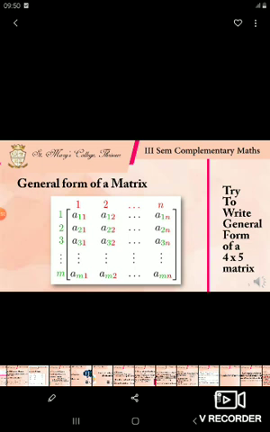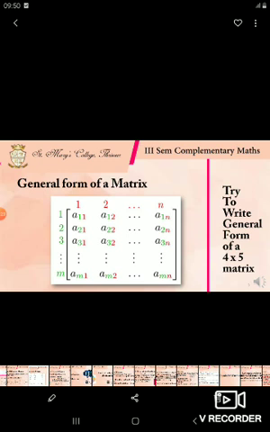Next, we will come to the general form of a matrix. We know all these things, but still we are brushing up all the basics so that we can move on to the second module first. The general form of a matrix has A11, A12, and so on up to A1n. So in green, the first row, the position is denoted by 1.